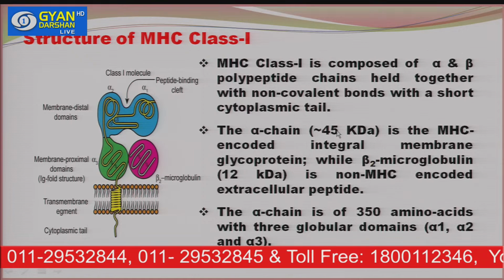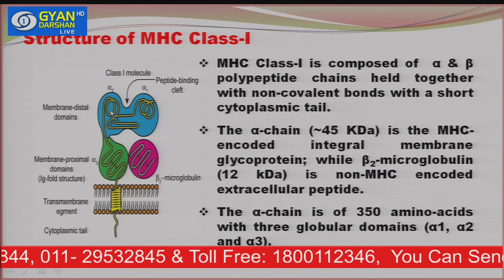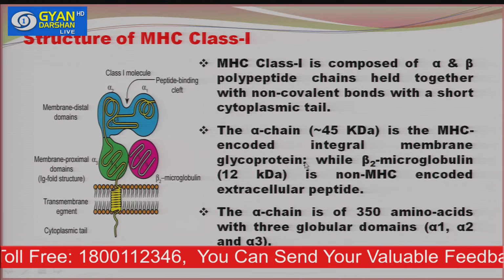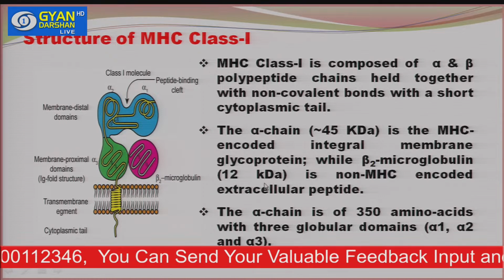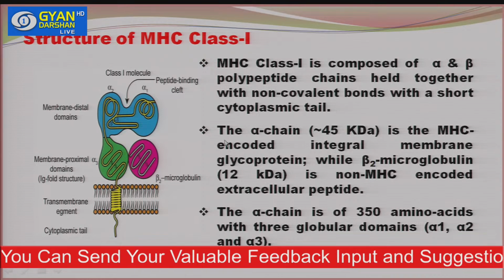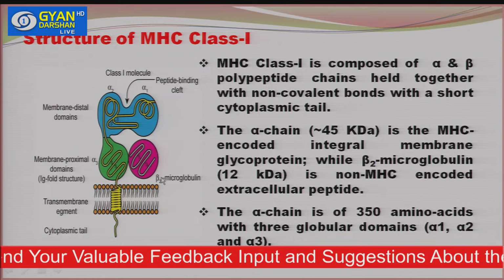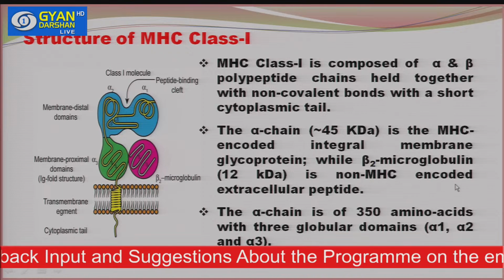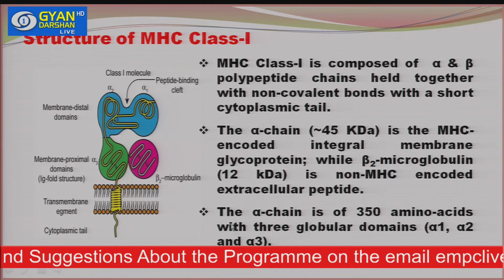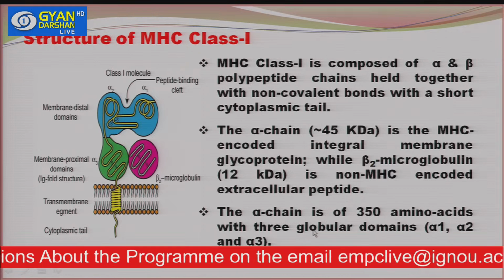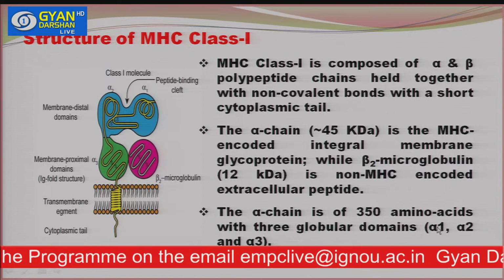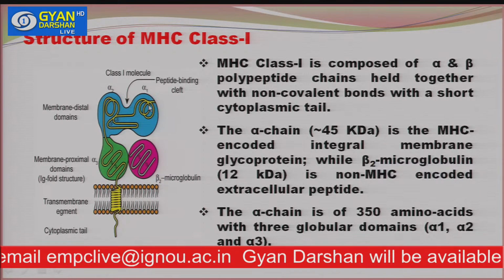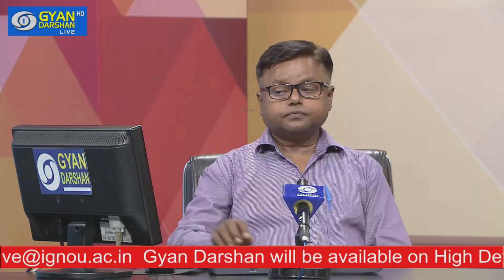The alpha chain is 45 kilodaltons, and is an MHC-encoded integral membrane glycoprotein, while beta 2 microglobulin is 12 kd, a non-MHC encoded extracellular peptide. The alpha chain is 350 amino acids with globular domains alpha 1, alpha 2 and alpha 3. So these are the structures of MHC class I.